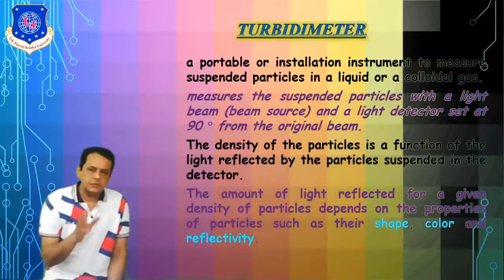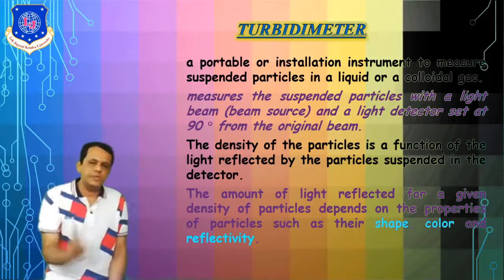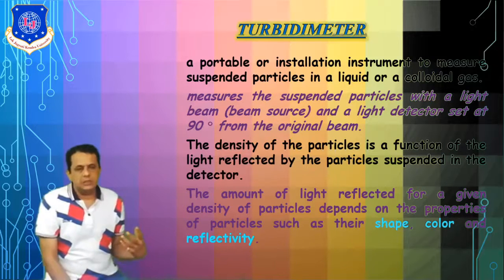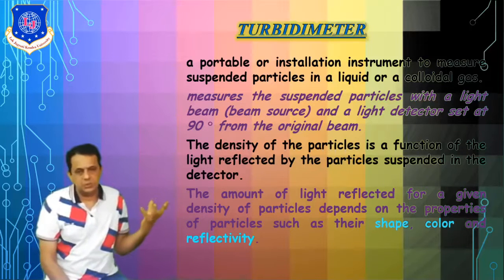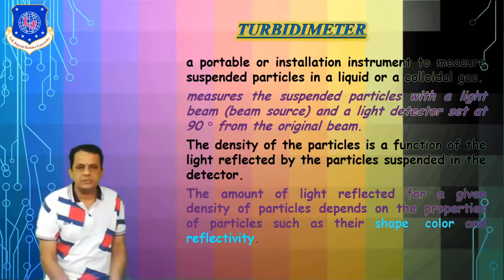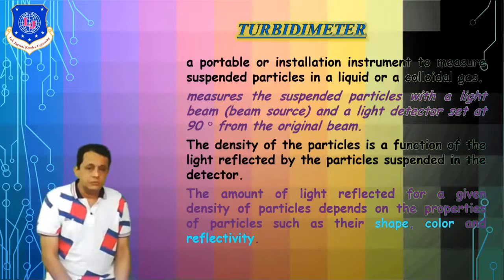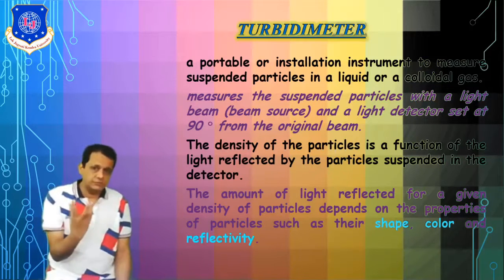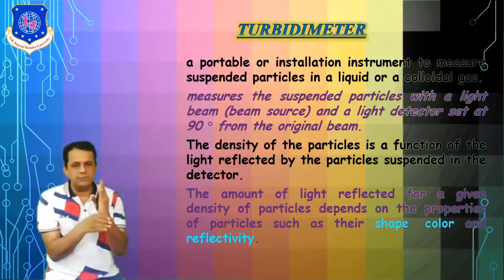Now we will see the method, or how the instrument works. Initially it was invented years back with one method, and another method is now adopted. The base is that suspended particles with a light beam are to be measured, and the light detector is set at 90 degrees from the original beam.